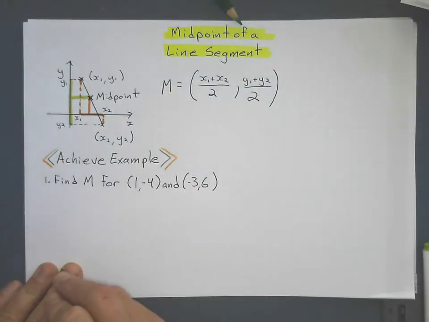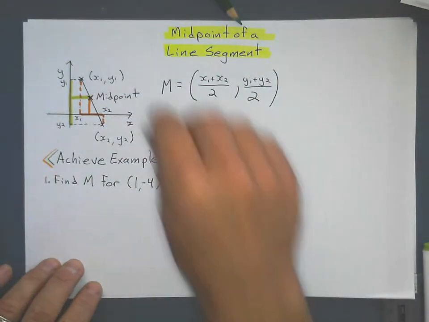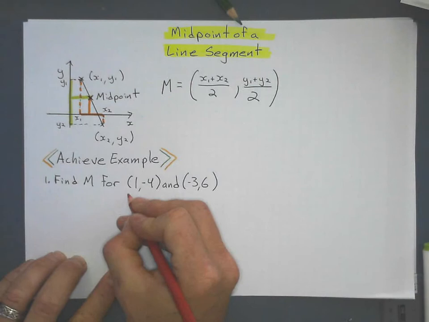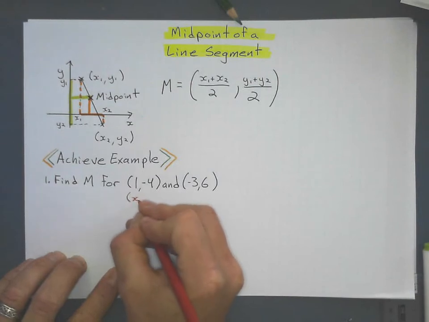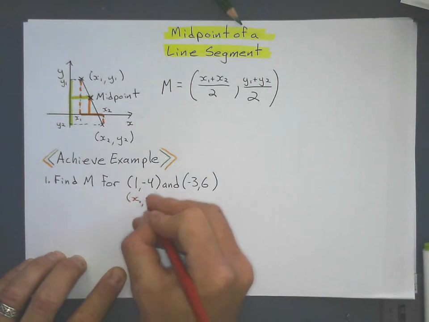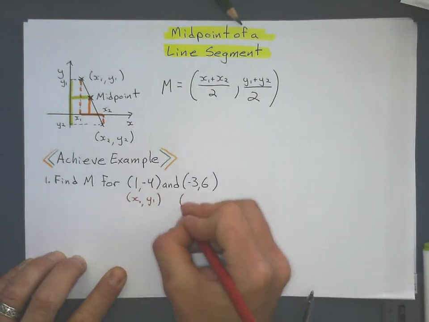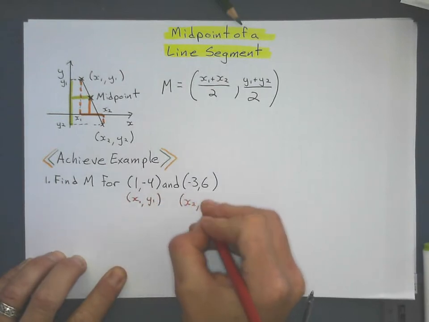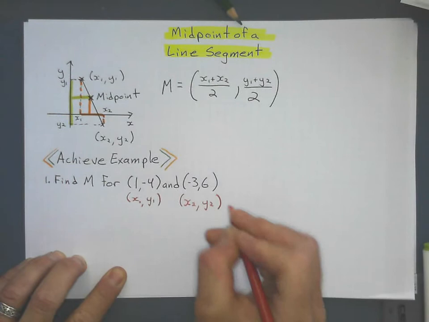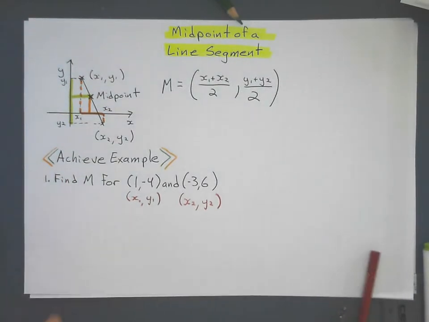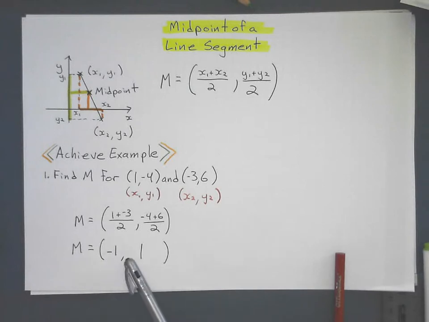Okay, and I guess we do have to remember one thing, that's x1, y1, and this is x2, y2. So when I substitute those into the formula, I get this. That's what I get for my midpoint. Sorry about the brackets being so spaced out, but that happens.